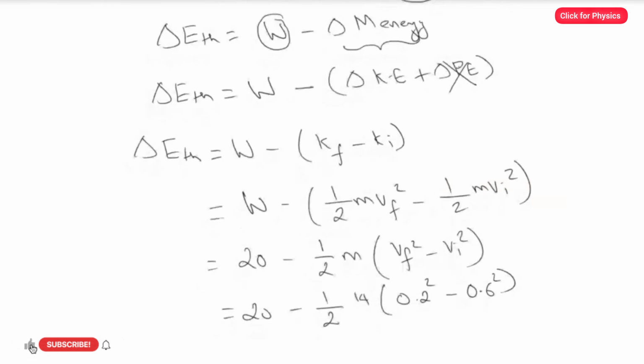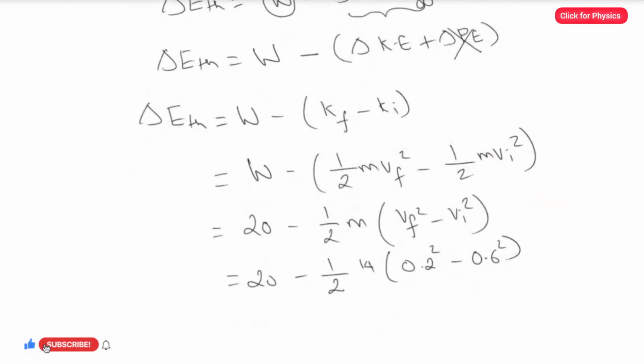Clear? 0.6 square. So now after we substitute, we can cancel this: 2 into 14 becomes 7. So what we have here is 20 minus 7 multiplied by (0.2 square minus 0.6 square). Let's see what the answer is.